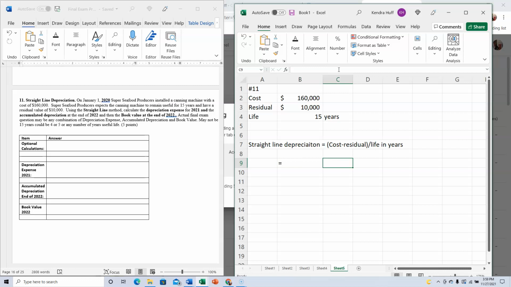So it's going to equal 160,000 minus 10,000 divided by 15. That's 10,000 per year.